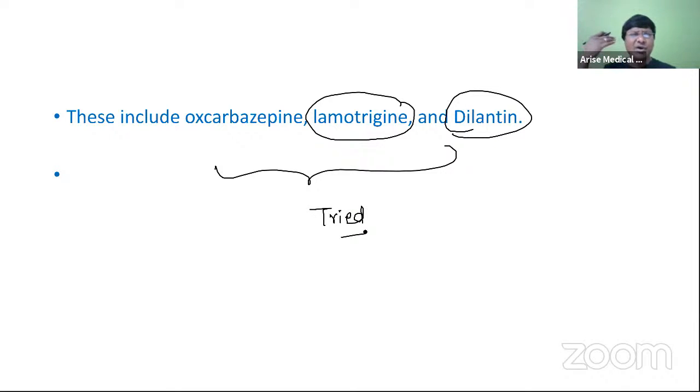Now, you have given all the drugs: carbamazepine, oxcarbazepine, lamotrigine, dilantin, but still the patient is complaining of the pain of trigeminal neuralgia. In that case, you need to do a surgical intervention.